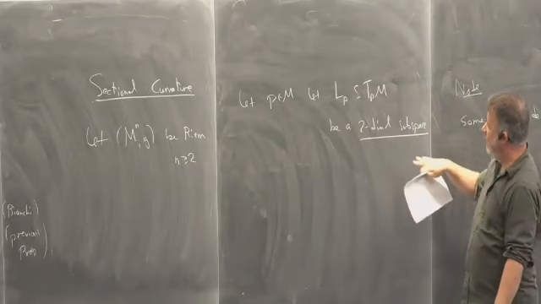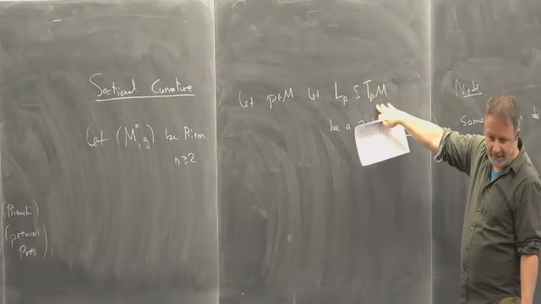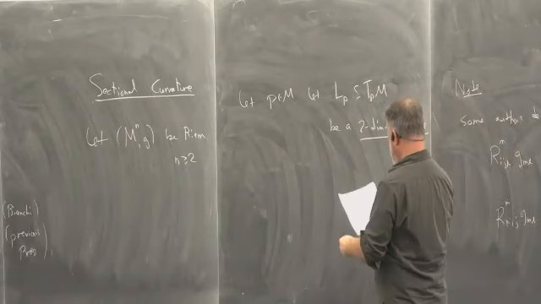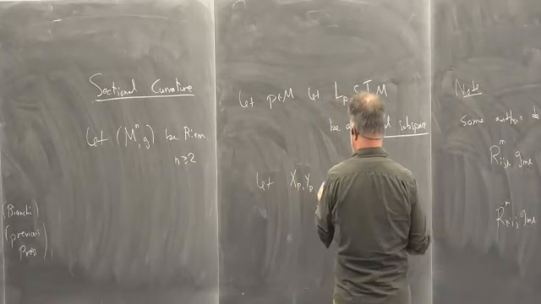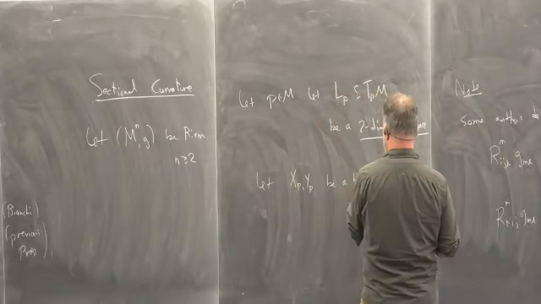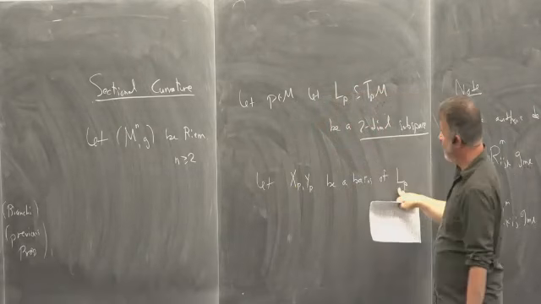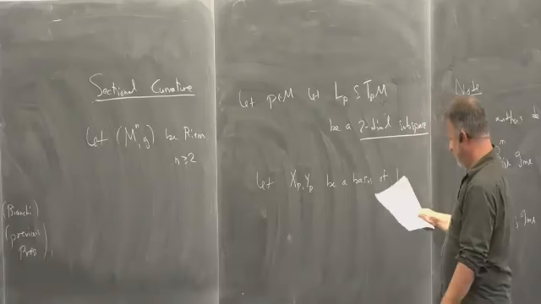And of course, if M is two-dimensional, L_p has to be all of T_pM, since there's only one two-dimensional subspace of a two-dimensional vector space. And let X_p and Y_p be a basis of L_p. This is a two-dimensional space, so that just means these are two linearly independent vectors in L_p.